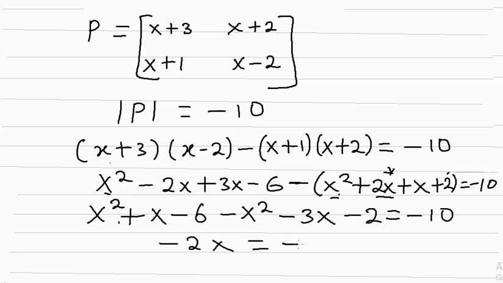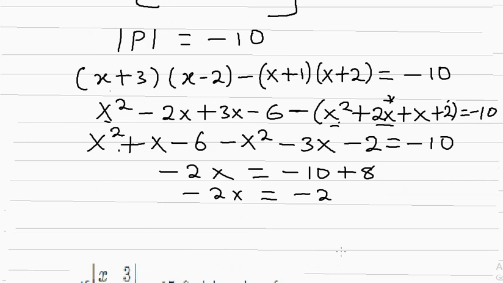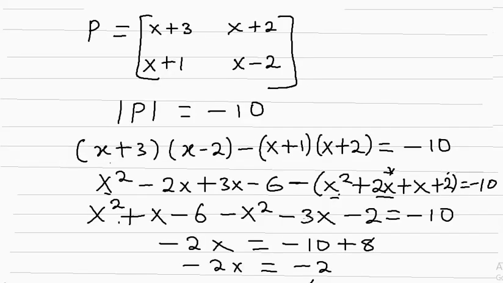So minus 10, minus 8 goes over, becoming plus 8. So I'm having minus 2x equals minus 10 plus 8, that's minus 2. Minus cancels minus, so x is equal to 2 over 2, which is 1. So x is equal to 1.